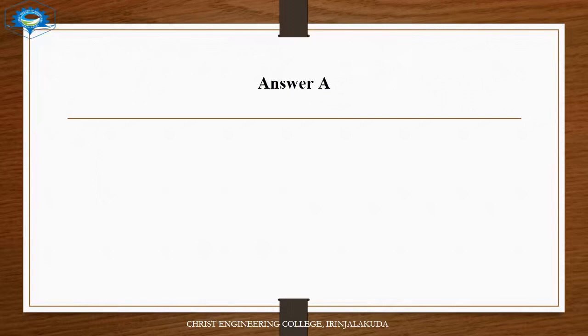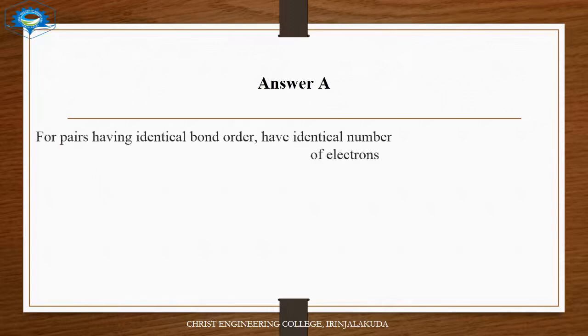How will we find this answer? Pairs having identical bond order will always have an identical number of electrons. So in order to solve this question, find the number of electrons involved in each case. How will we find the number of electrons in CN minus?